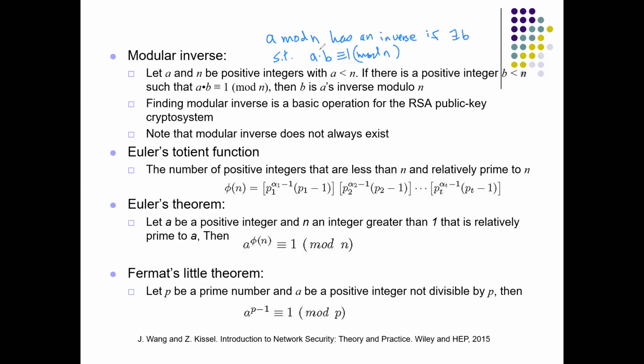So if this is the case, then we say the A inverse mod n is B. Okay.